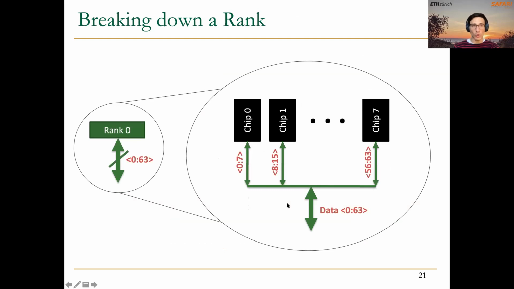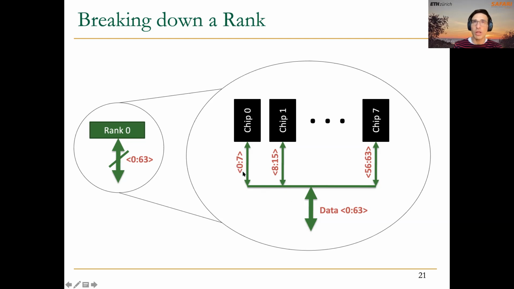If we take a closer look at the rank, we see that there are multiple chips, and in this particular example, there are 8 chips. Every time we want to read, for example, one cache line or one element from this memory, we would be accessing all these chips at the same time and bringing out some bits of the corresponding words or cache lines.